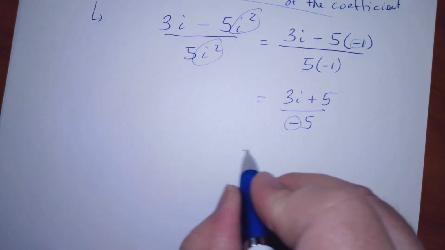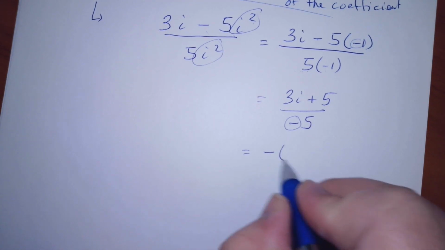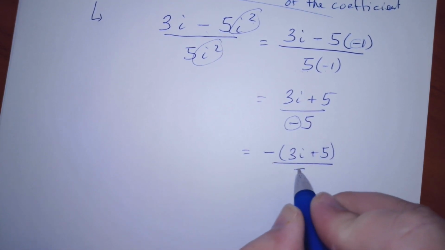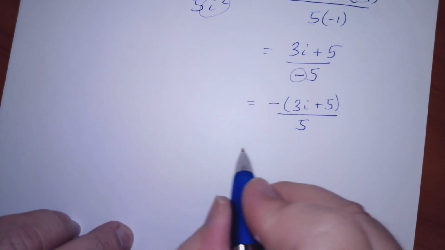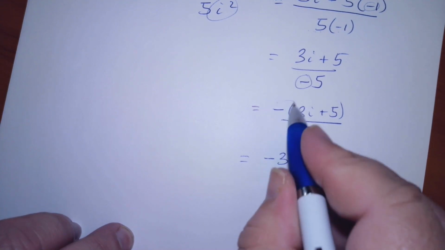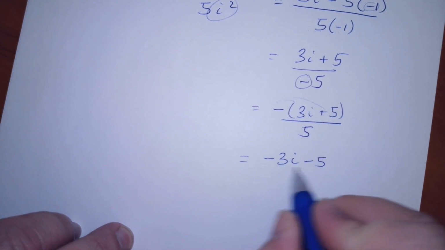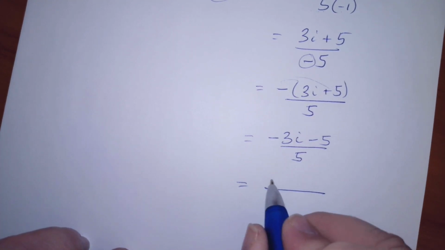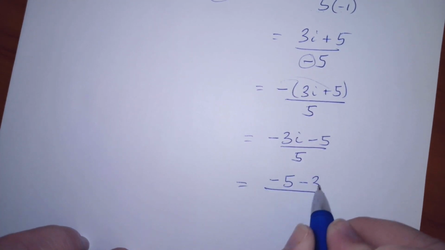So this negative in the bottom goes on top. Remember, you never want to have a negative on the bottom, so the answer becomes -3i, distribute this, minus 5 over 5, which can be rewritten -5 minus 3i.